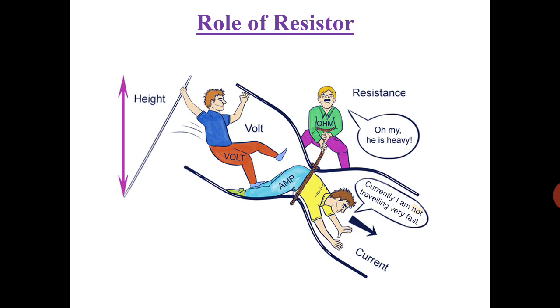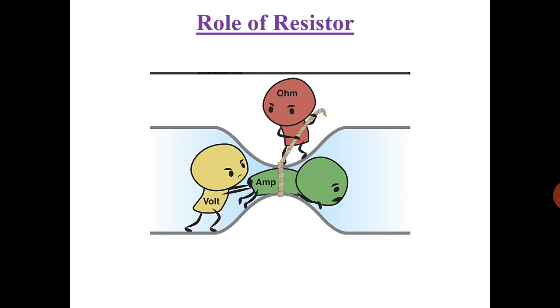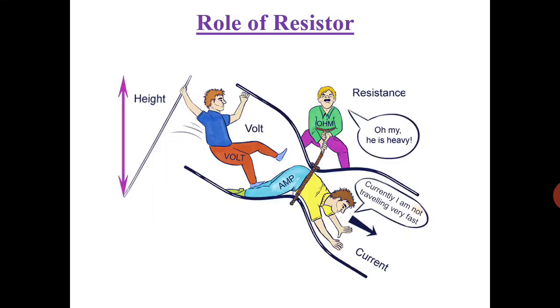So by seeing this picture, we can clearly say the function of the voltage, the volt, is to give the maximum pressure to the current so that it can flow from one end to the other end.